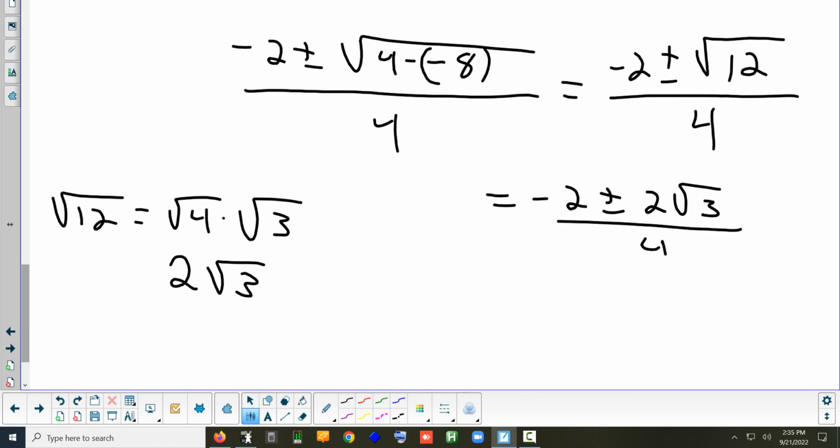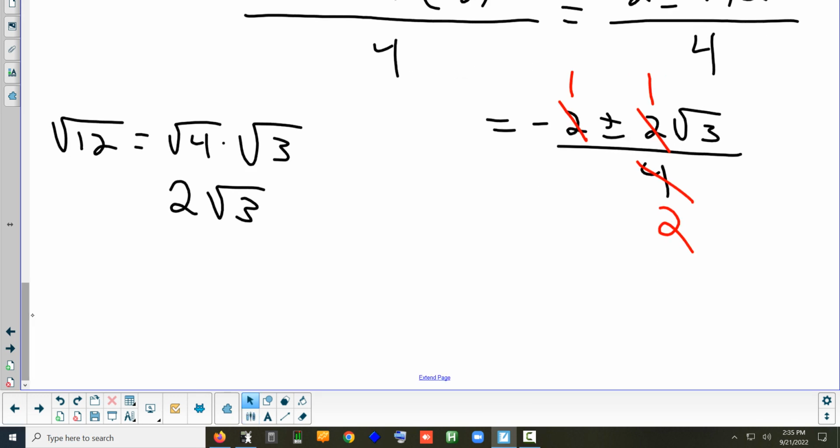And what is every one of those numbers divisible by now? 2. Just happens they're all divisible by 2. That doesn't always work out that way, but this one did. How many times does 2 go into 2? Once. And 2 into 4. 2.